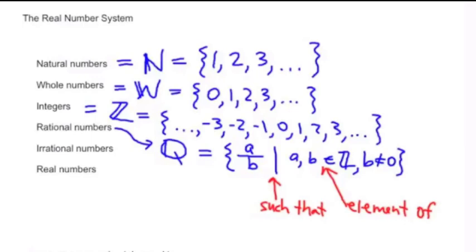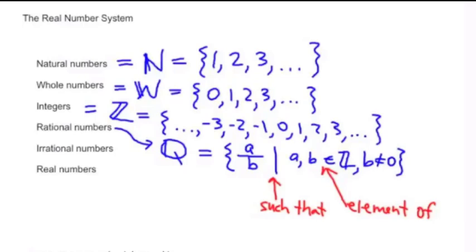I'll expect you to know the notation as we get through this class, because it's nice notation and it simplifies writing things down mathematically. So the set of rational numbers, again, is a set containing all fractions such that the numerator and denominator are integers, but the denominator can't be 0 because we can't divide by 0. Being integers just means they come from that set of integers.